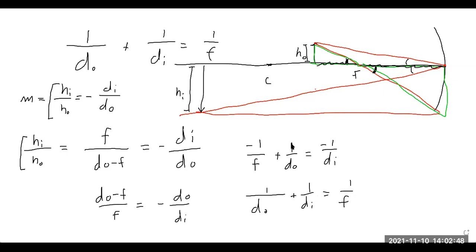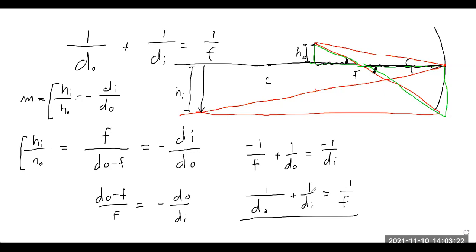So this lets you just algebraically figure out where an image is going to pop out. There are a few difficulties to using this. One of them is some things can be negative. The focal length can be negative.